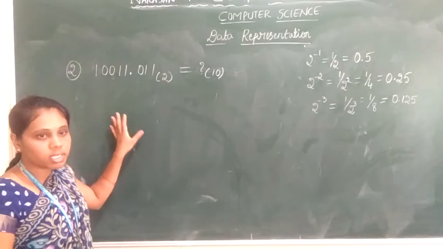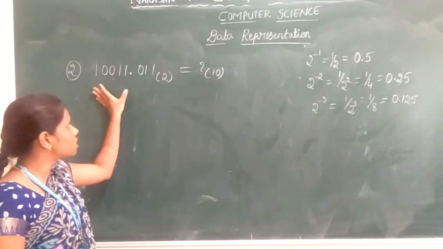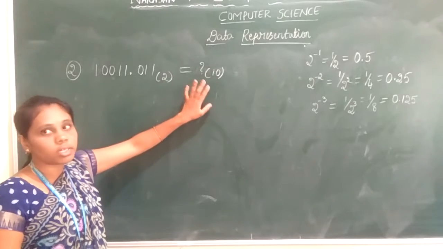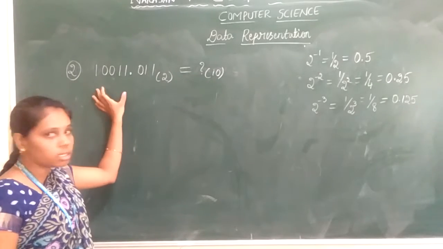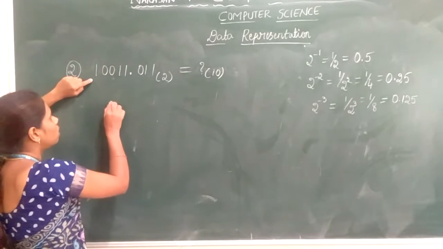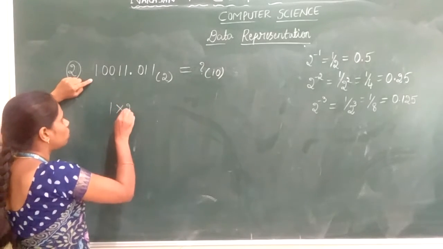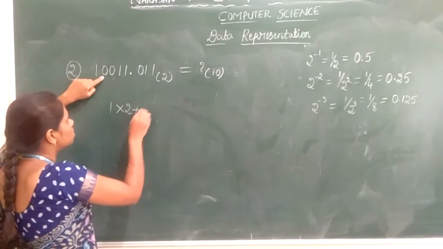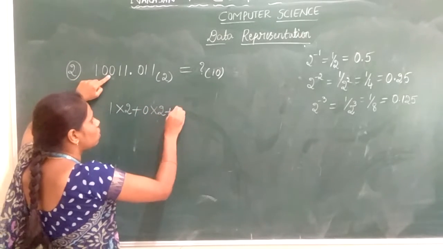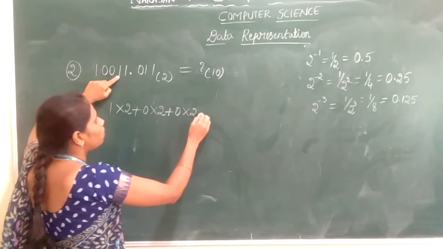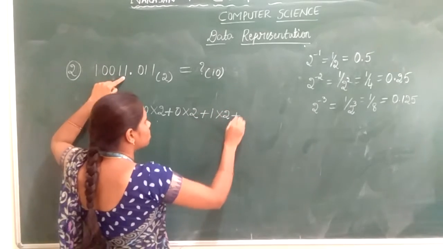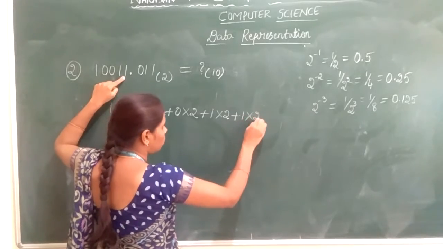Now this is one more example problem. This is a binary number. It should be converted to decimal. Now consider the digits and multiply each and every digit by 2. 1 into 2 plus 0 into 2 plus 0 into 2 plus 1 into 2 plus 1 into 2.